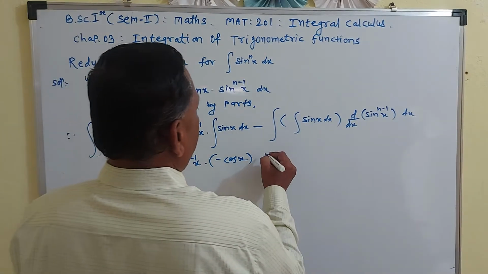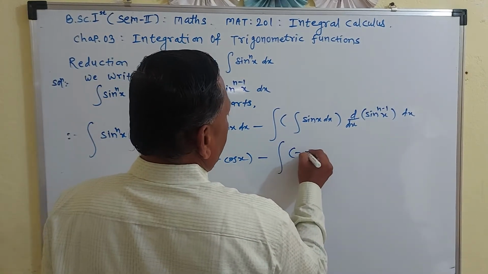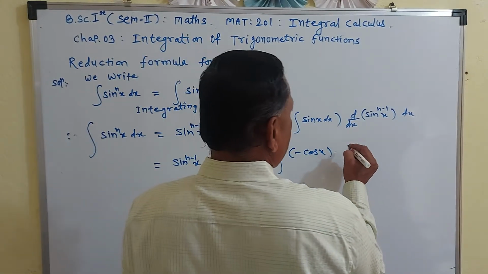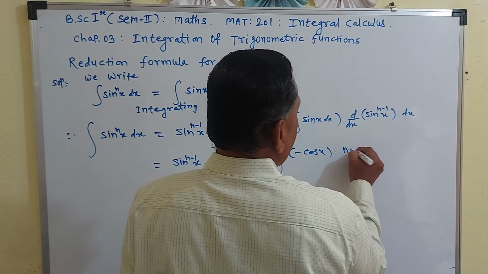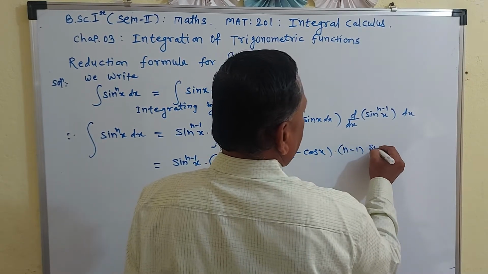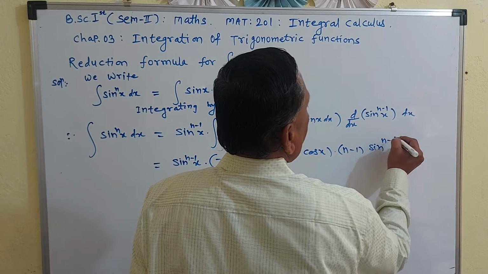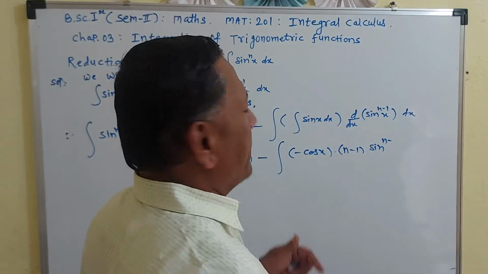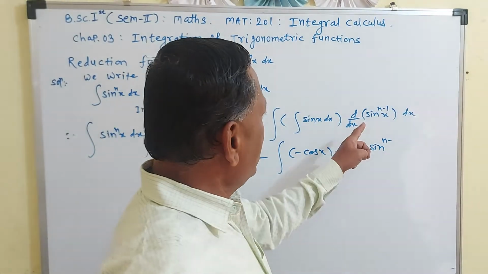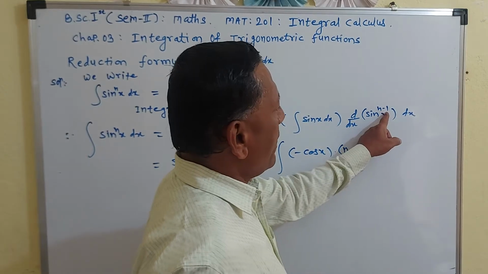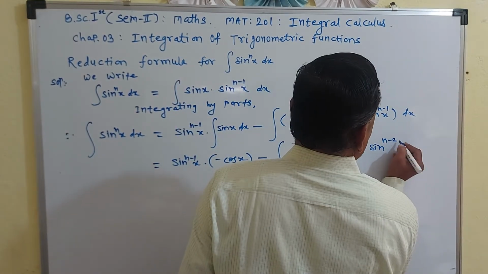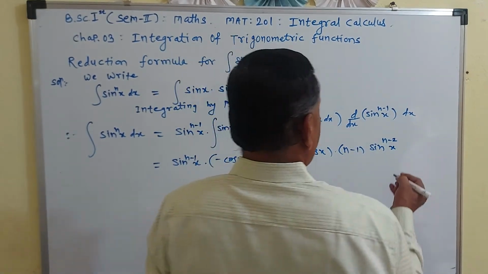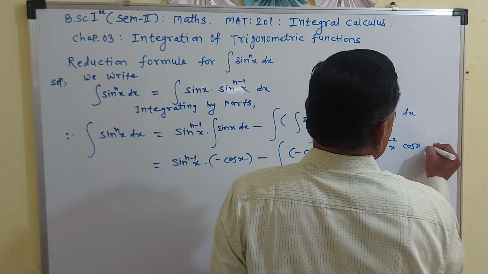Then here minus integration of minus cos x into derivative of sin raised to n minus 1 x, that is n minus 1 into sin raised to n minus 1 minus 1. So you know the derivative of x raised to n is n into x raised to n minus 1. Here n minus 1 sin raised to n minus 1 minus 1 means n minus 2 x into derivative of sin x, that is cos x dx.